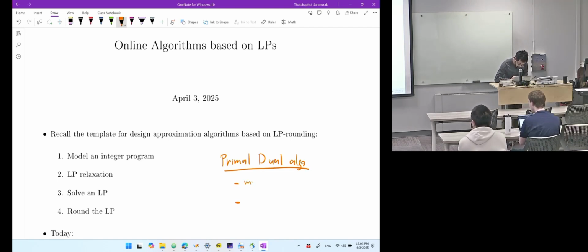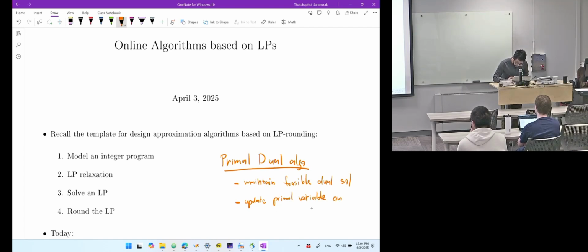The algorithm will maintain a feasible dual solution, and then update a primal variable if the corresponding dual constraint is what?